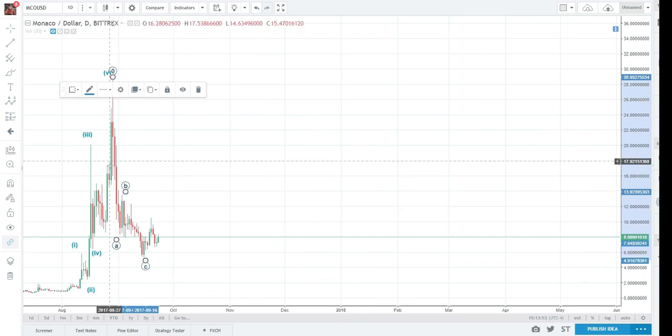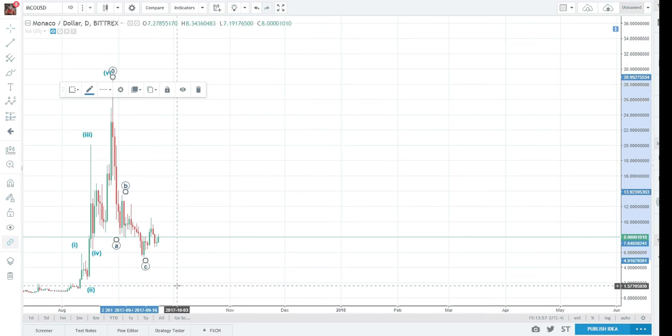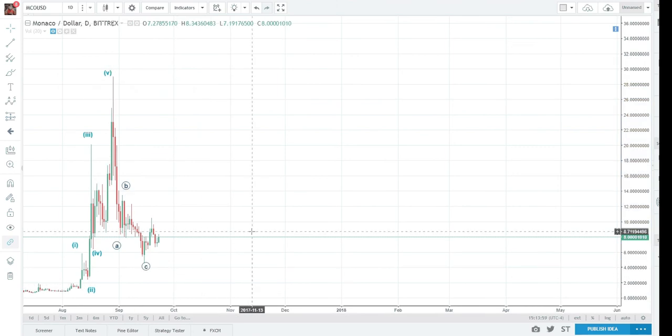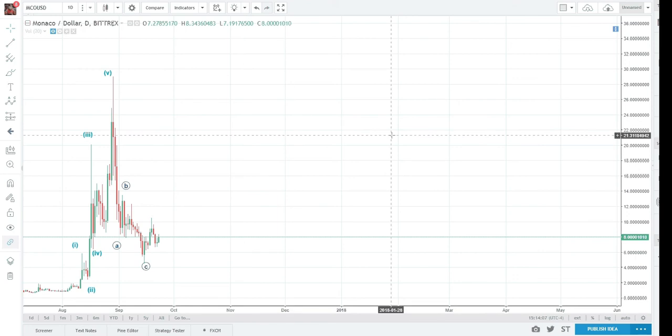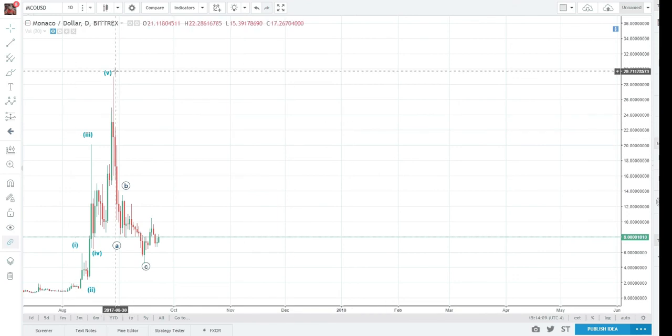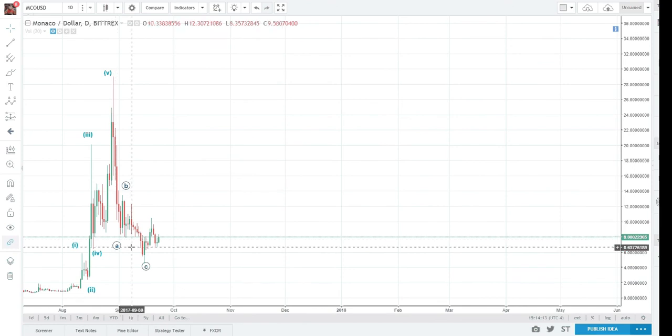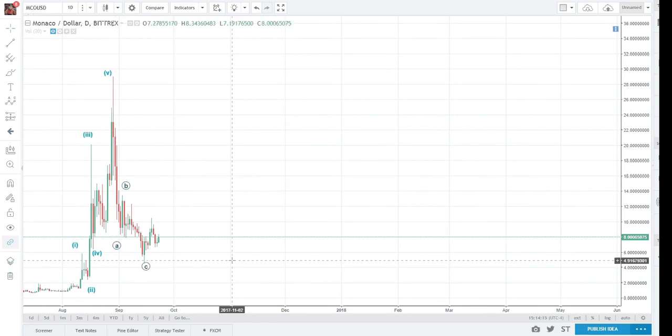I was thinking, if this is A, B, and C, C really has to come down really far and harder. But then I realized there's a tendency, a disposition of cryptos in how they flow and ebb, where A being longer than C is becoming more commonplace.